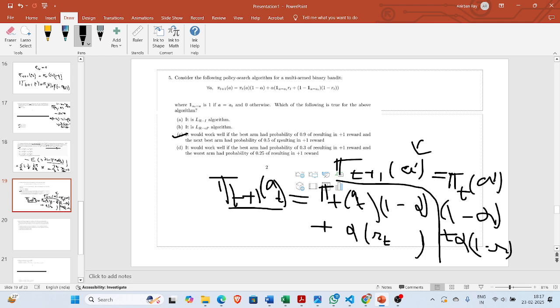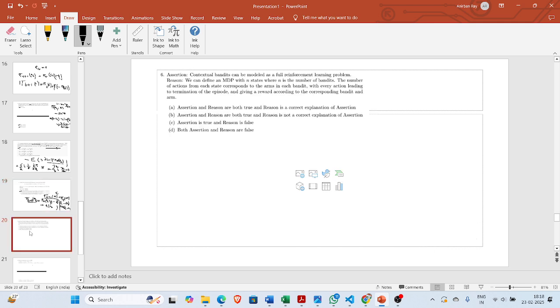The next best arm is 0.5, so quite close, and high probability. Okay, so this is the answer. And moving to the next problem.